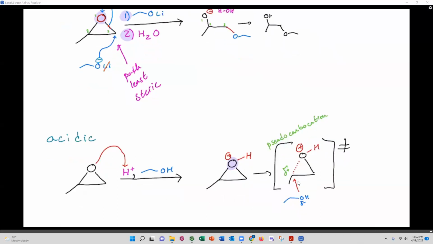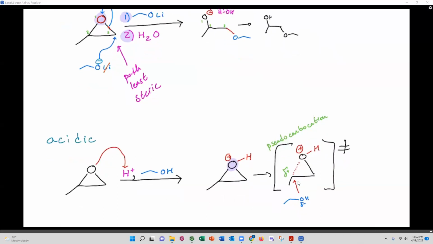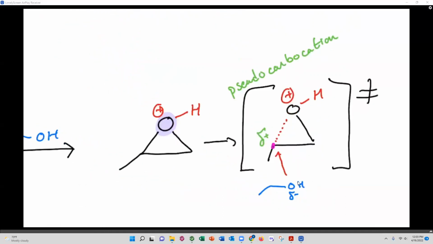But under acidic conditions, the oxygen-carbon bond starts to break, and we start to form the pseudo carbocation. Now, it's not an actual carbocation, but a lot of the electron density is being pulled away from this carbon right here. So, of course, it's going to be more stable if this starts to happen at the more substituted carbon, because then its neighboring carbon buddies can help out with a little bit of hyperconjugation, a little bit of the inductive effect.